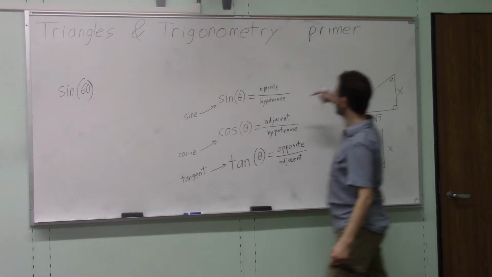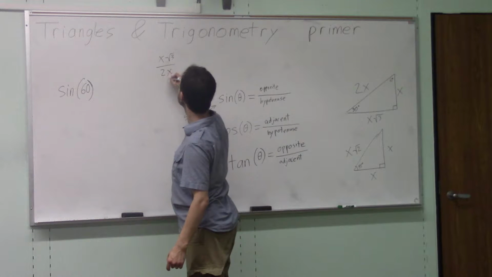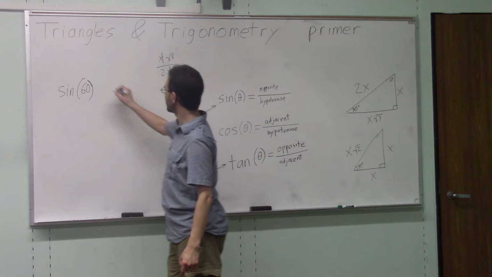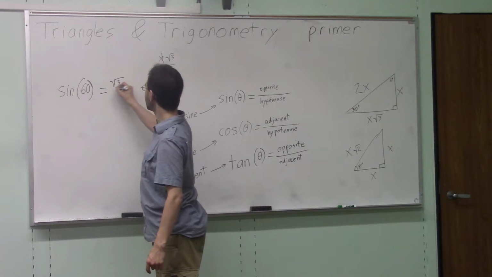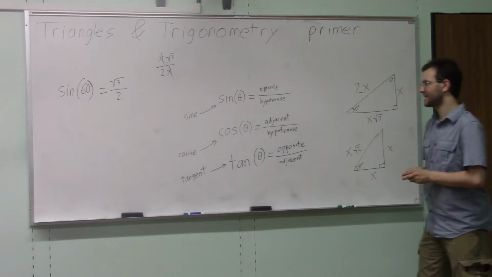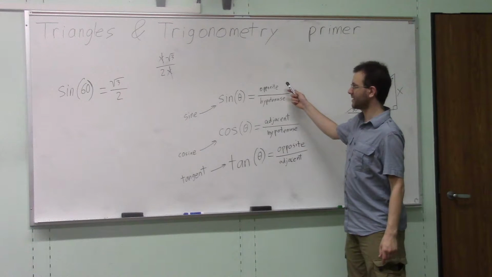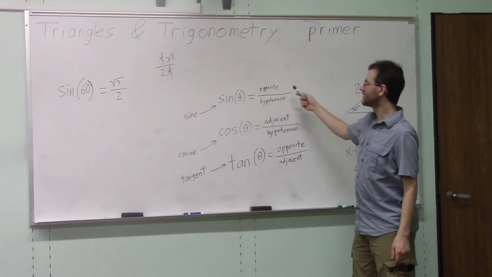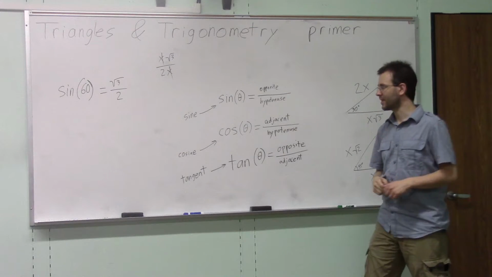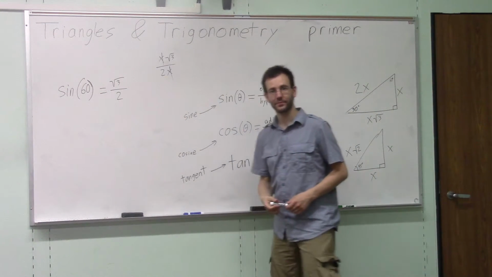So the ratio would be x root 3 over 2x. Cancel out the x's, and you end up with root 3 over 2. So in any triangle with a 60-degree angle, the side opposite the 60-degree angle divided by the hypotenuse of the triangle will always be the square root of 3 over 2.